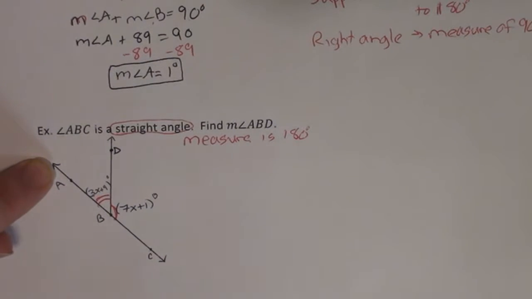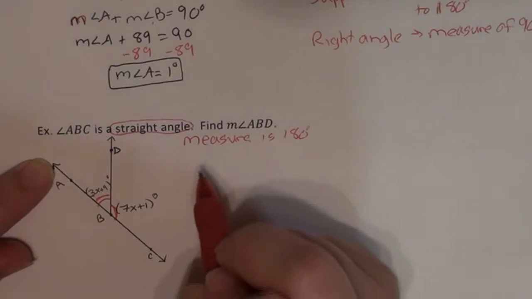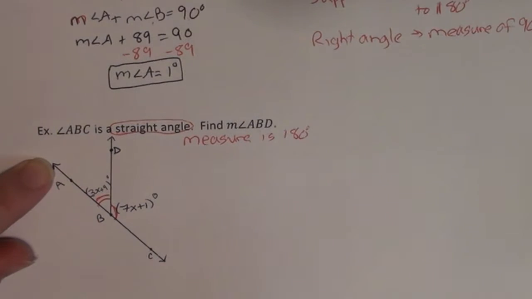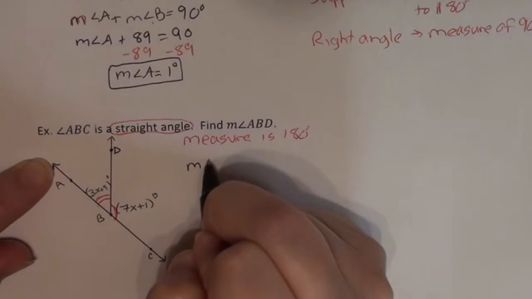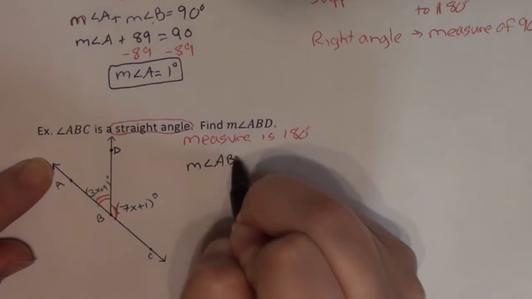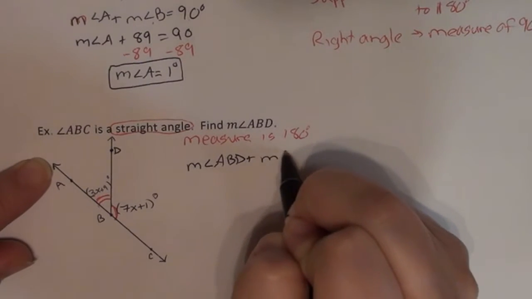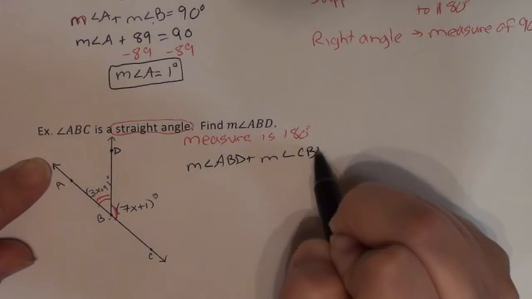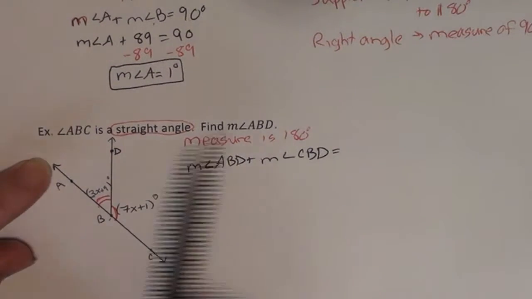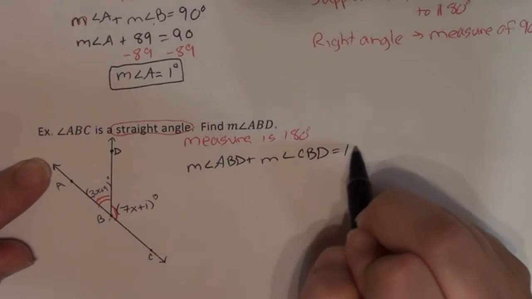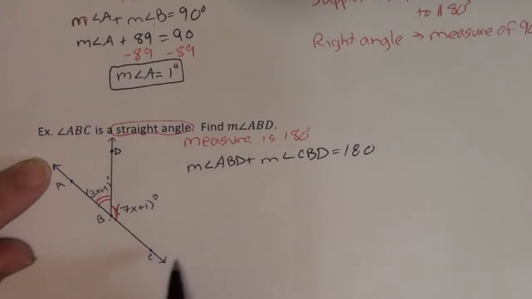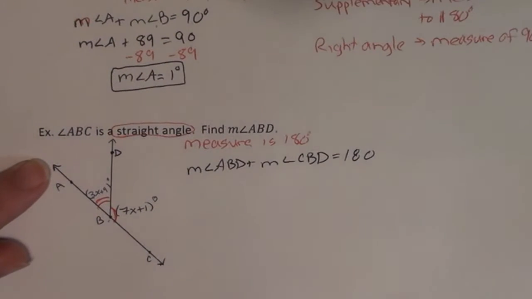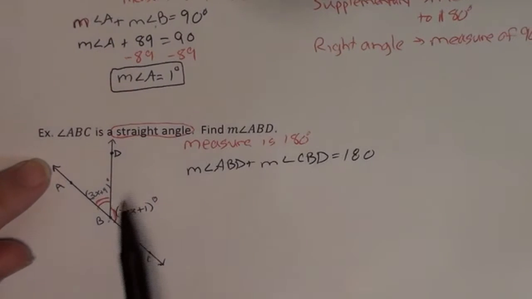So what we get is that the measure of angle ABD plus the measure of angle CBD together has to equal 180 degrees because ABC is a straight angle. It's the angle addition postulate.